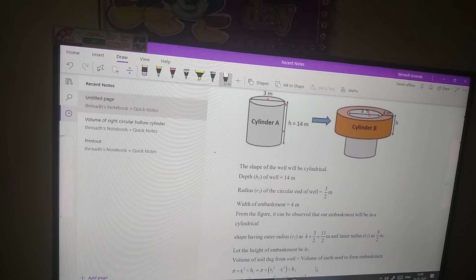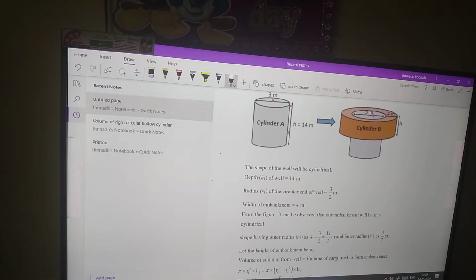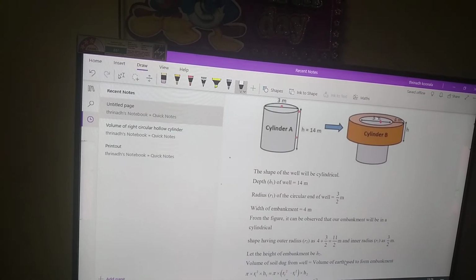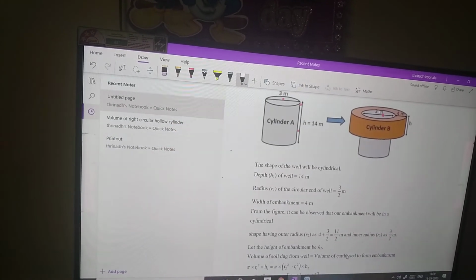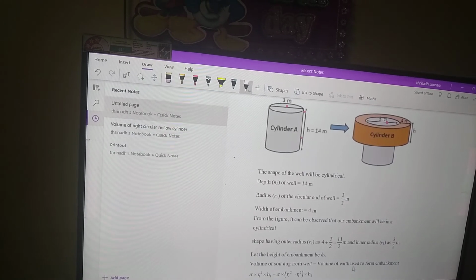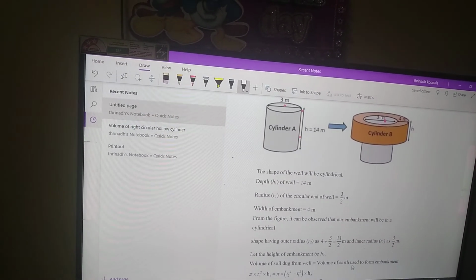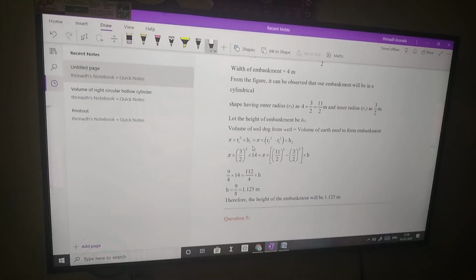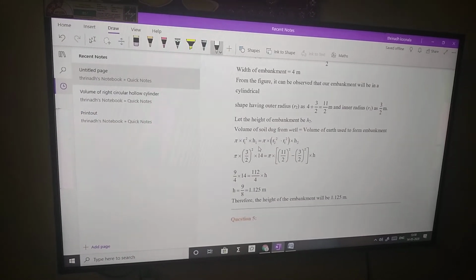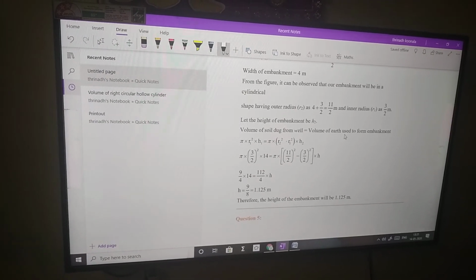So volume of sand equals volume of cylinder up to h 14 meters equals volume of sand formed embankment. So volume of cylinder equals volume of embankment, nothing but volume of right circular hollow cylinder.